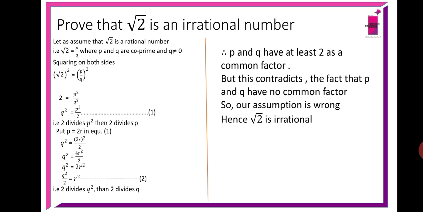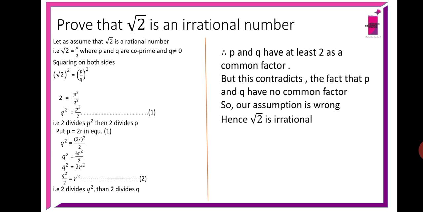When you cross multiply, 2 is nothing but 2 by 1, so 2Q square equals P square, or finally Q square equals P square by 2. That is, 2 divides P square, then 2 divides P.